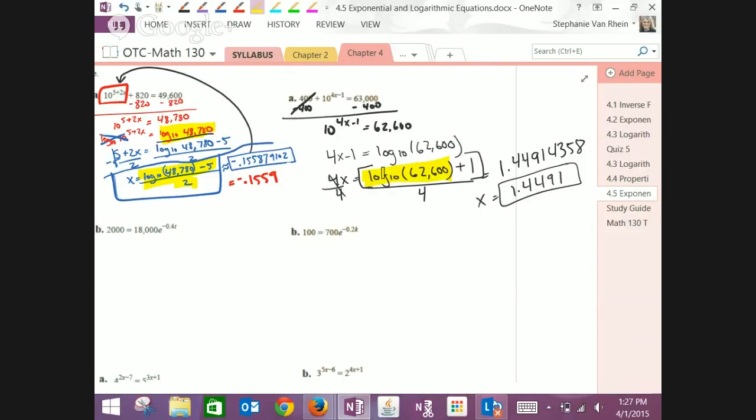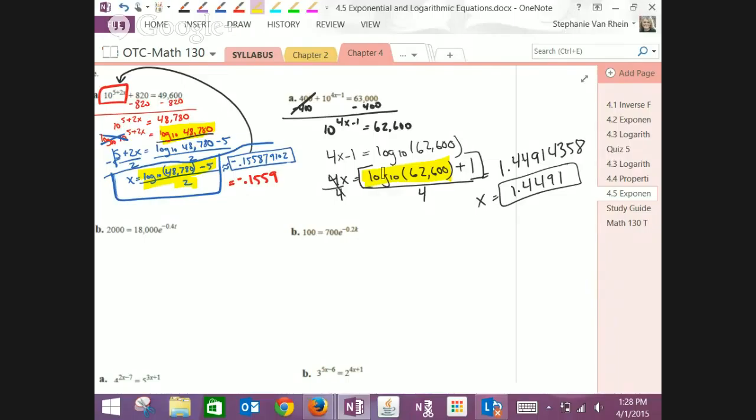So if you take log of 62,600 plus 1, then divide that by 4. Oh, okay. I thought it would do that, I get it. Yeah, okay, if you want to put it all in one line, let me know what's the numerator and what's the denominator. That's what I mean.